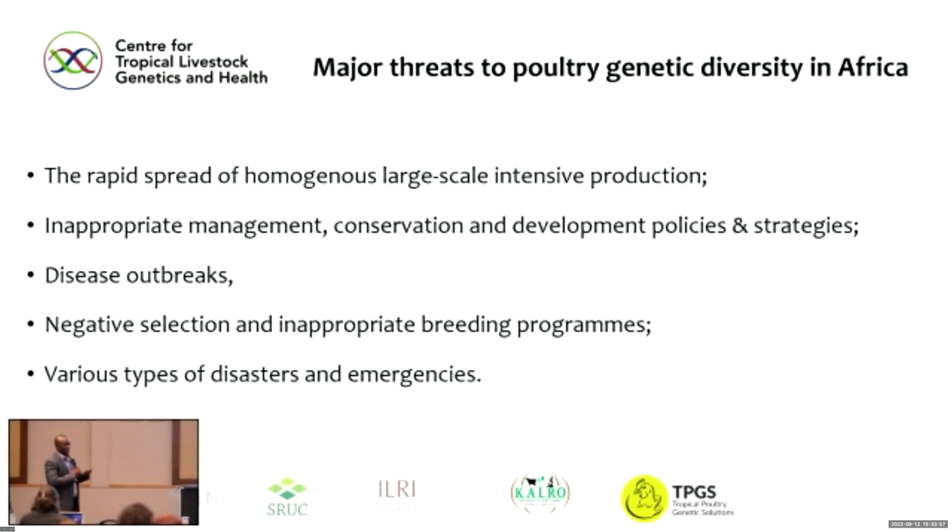And we also have, of course, from time to time outbreaks, like the Newcastle disease in local communities, which can sometimes wipe out almost 85 to 100% of the population that exists. We also have negative selection and inappropriate breeding programs on the continent. By negative selection, wherever you are in Africa, when we are visiting a family in rural areas, to welcome you, most of the time they will be slaughtering maybe a chicken or donating one to you to take away.